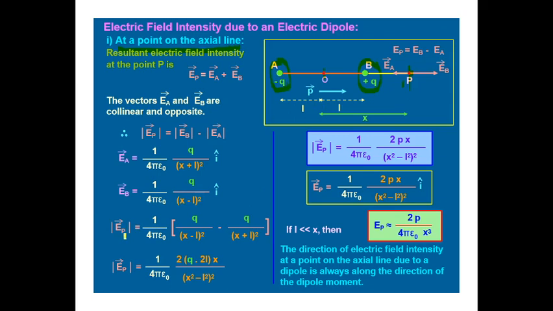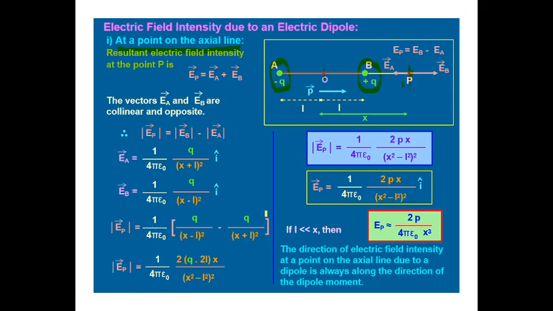The resultant EP equal to, taking 1 by 4 pi epsilon naught common, q divided by (x minus L) square minus q divided by (x plus L) square.